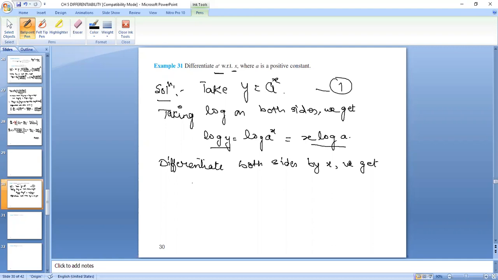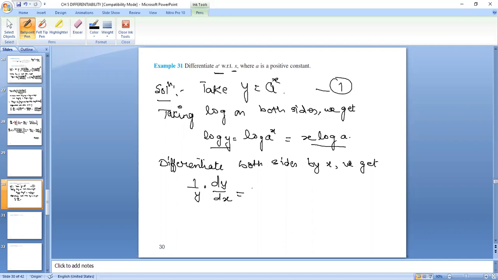Derivative of log y is 1 upon y into dy by dx equals derivative of x log a. We will apply the product rule, right? Or you can differentiate it directly. Log a is constant, right?